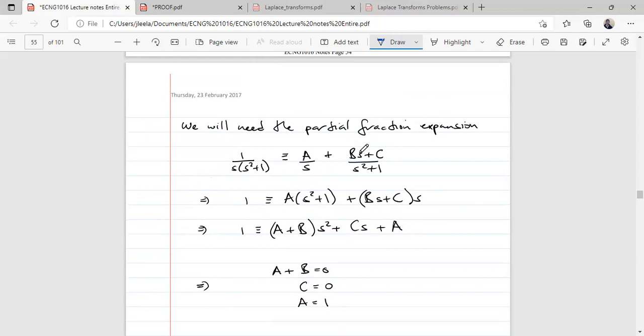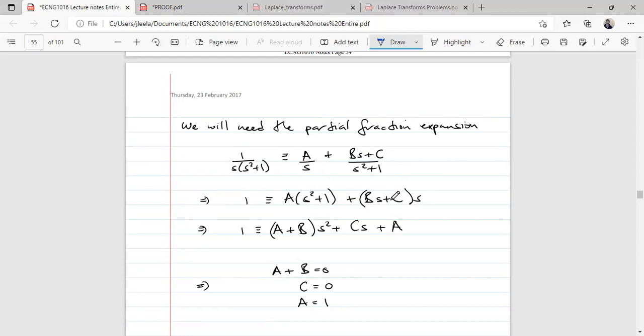So you have a over s plus bs plus c over s squared plus 1. And then you multiply throughout by s squared plus 1. So on the left hand side, you'll get 1. On the right hand side, you'll get a into s squared plus 1 because the s will cancel, and then the s squared plus 1 will cancel in this term here. So you'll get bs plus c times s, right?